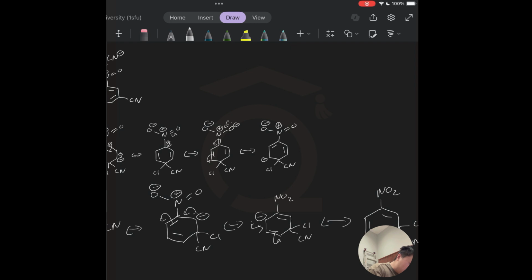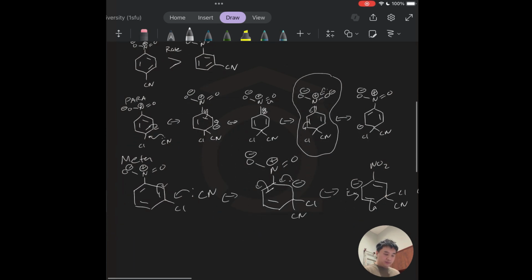You don't get that one with the meta, and therefore the meta proceeds a lot slower. That's why this para positioning gives a faster rate of reaction compared to the meta. You can also do the same example with ortho as well, and see how many resonance structures you can draw.